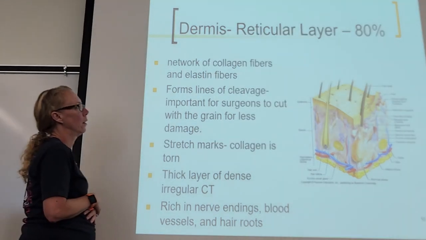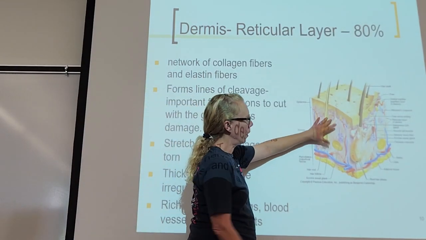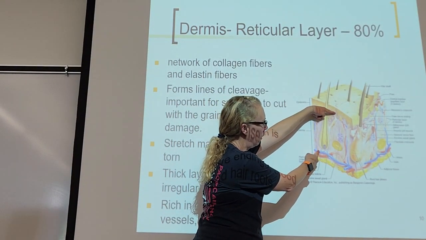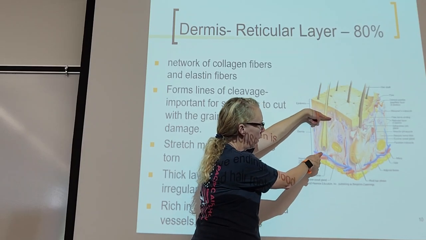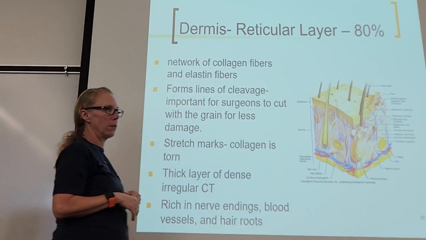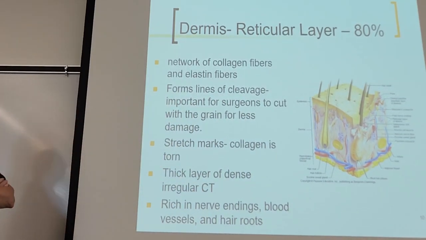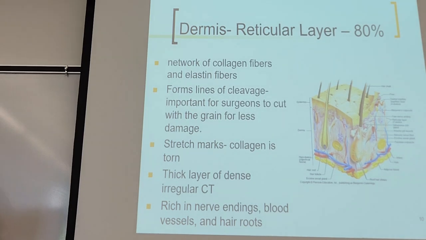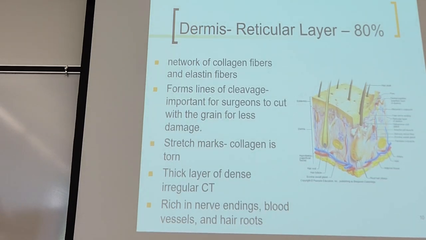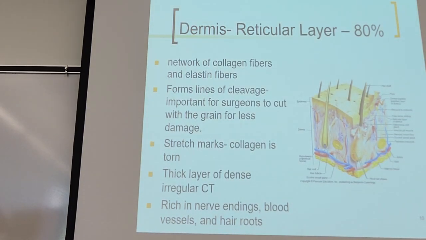Okay, so the remaining majority of the dermis, not in the papilla, but below it, the rest of it is considered the reticular layer, so it's a good 80% of the tissue. And that's going to be your dense, irregular connective tissue that you're looking at.